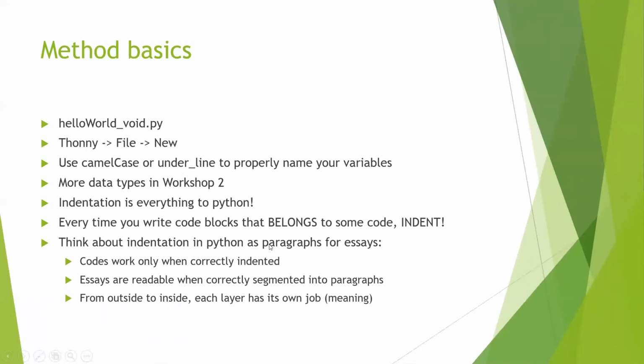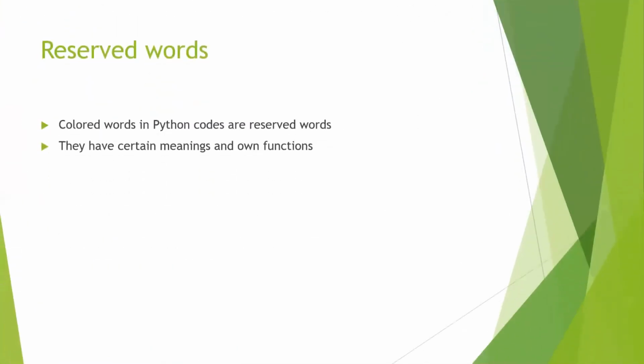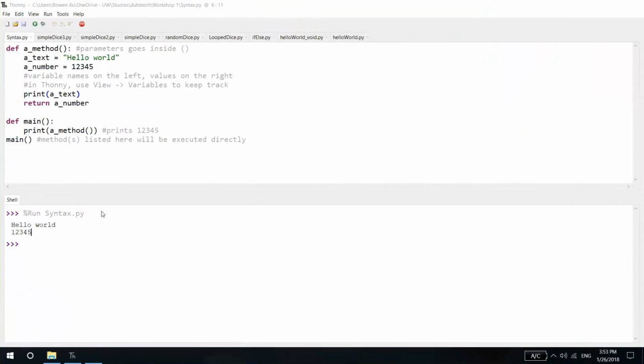So indentation really works like paragraphs in an essay. A new paragraph is started with an indent, and so is Python, but it's like backwards. All the subcodes inside a method are indented. All right, that's code for now.